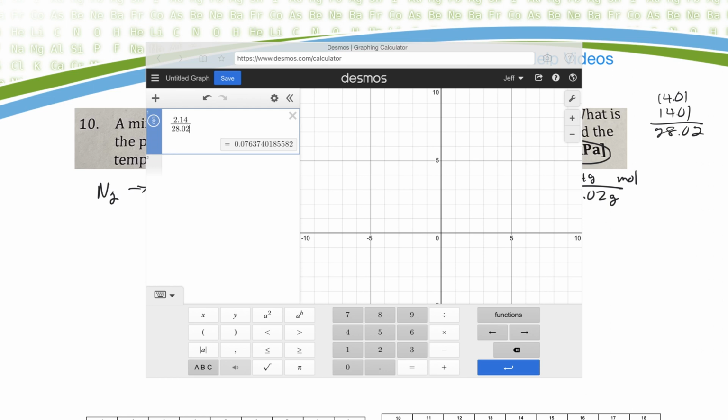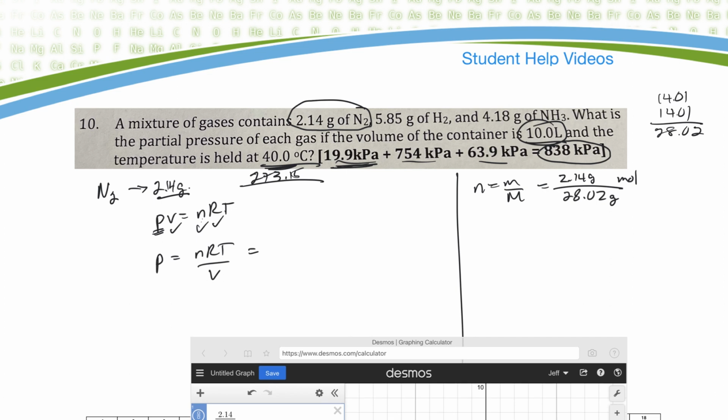Okay, so I have 0.076, call it for now, 0.076 moles of nitrogen. Okay, so here's my formula.